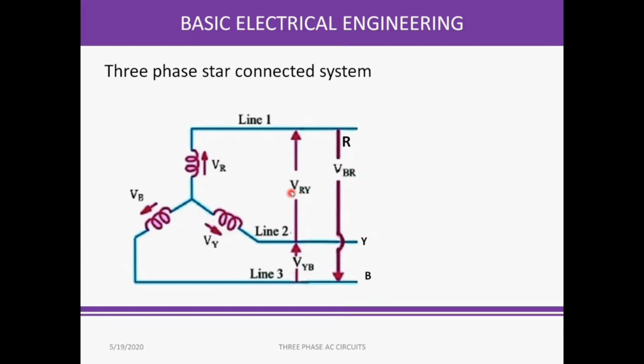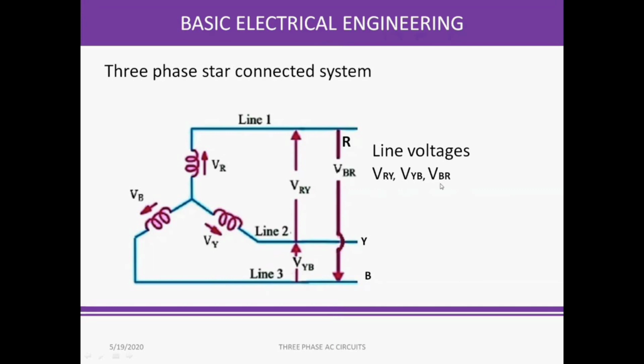Between Y and B, we have voltage VYB. And between B and R, we have the voltage VBR. So the line voltages are VRY, VYB and VBR.